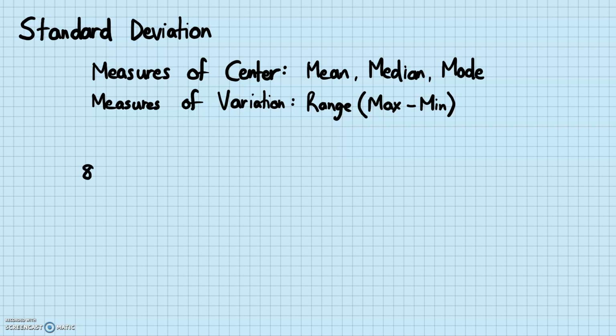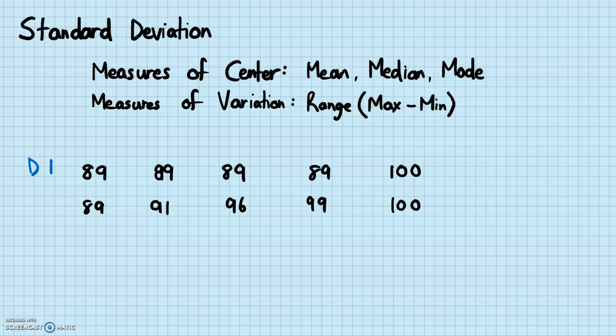For example, if we have the following data set, then 89, 91, 96, 99, and 100. So this is data 1, this is data 2. The two data sets have exactly the same range.